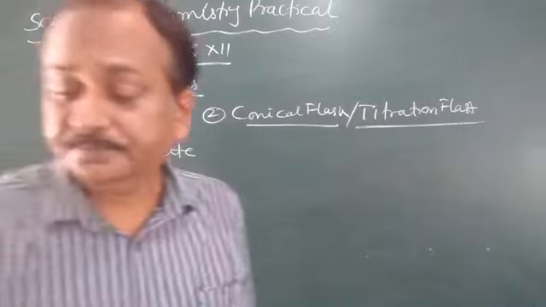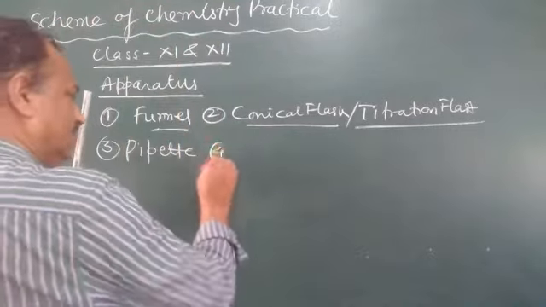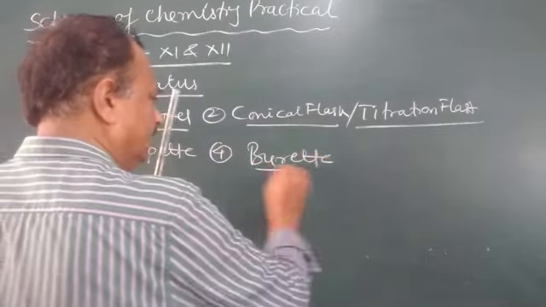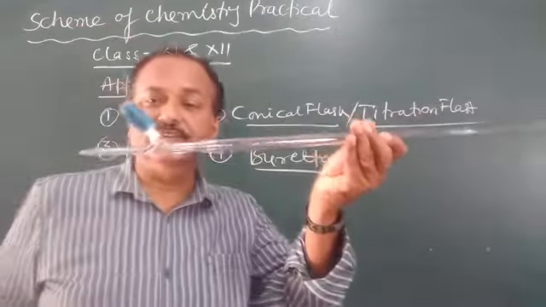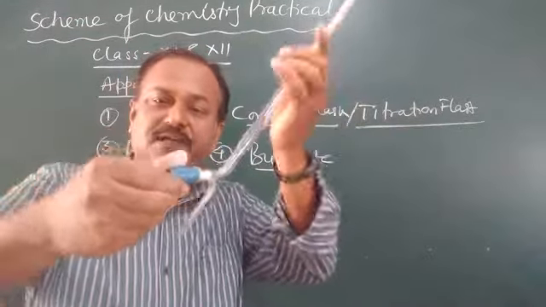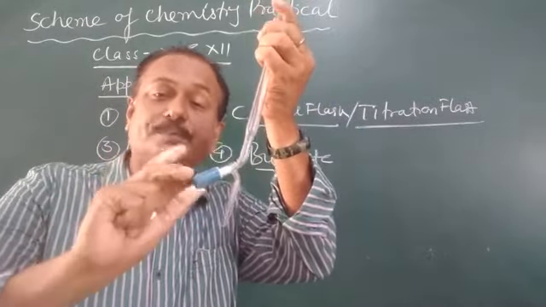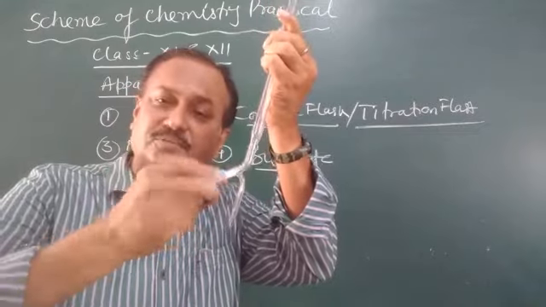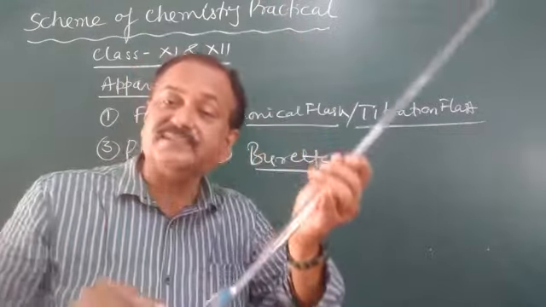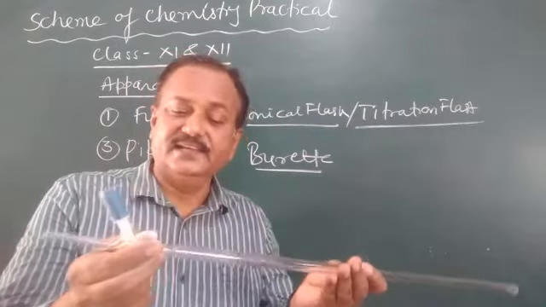Now, the other is the burette. The burette is a special type of apparatus. Here there is the pinch cock. Turning this clockwise it opens, this anti-clockwise it opens, and clockwise it closes. It is made of glass as well as of fiber. It is a very delicate instrument.